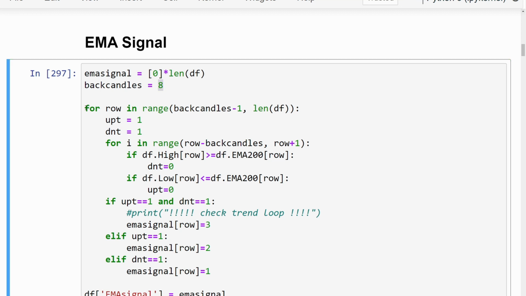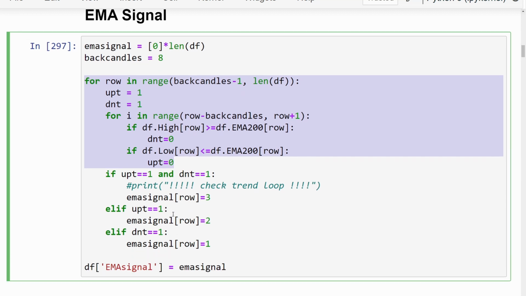And this part of the code is going to check how many consecutive candles we have above or below the 200 EMA. In this case, we are going to choose one of 3 values. If the signal is equal to 1, it means we have a downtrend. If the signal is equal to 2, it means we have an uptrend, meaning the candles are trading above the 200 EMA.